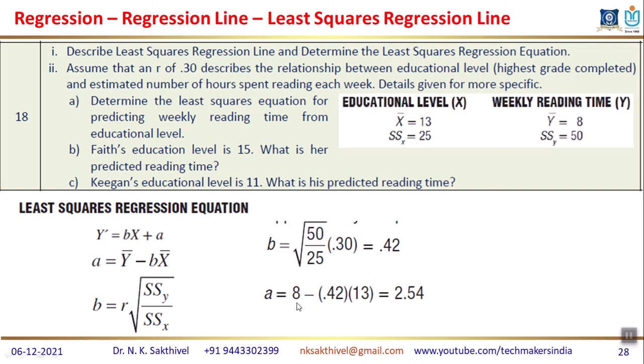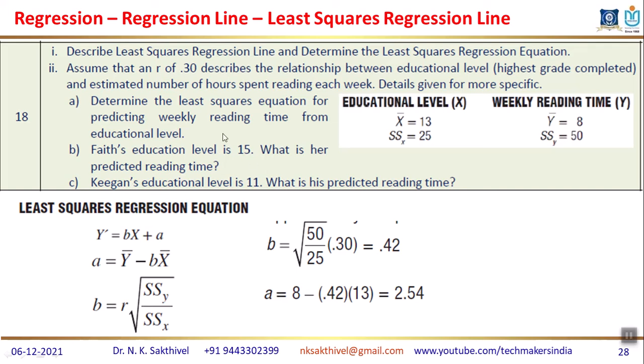So y mean minus 0.42 times 13. Calculating, I will get 2.54. So a is calculated.